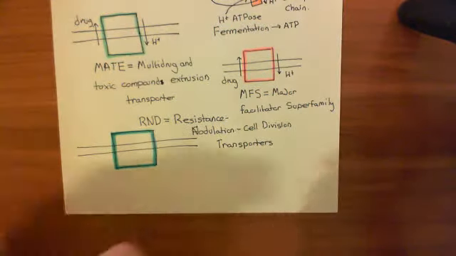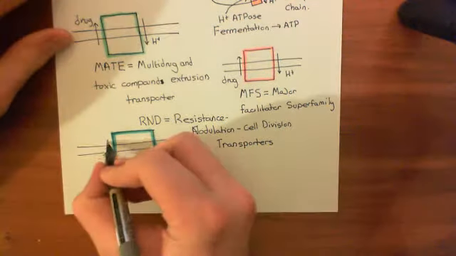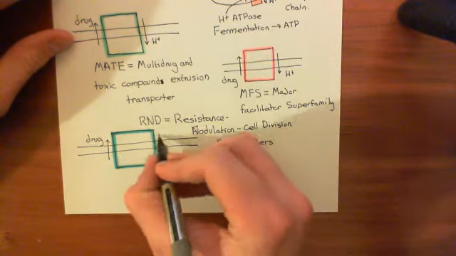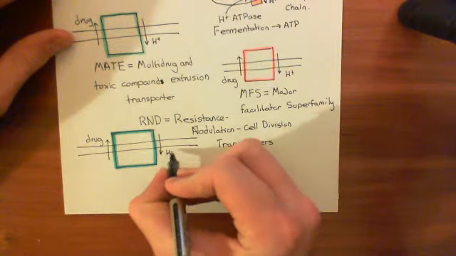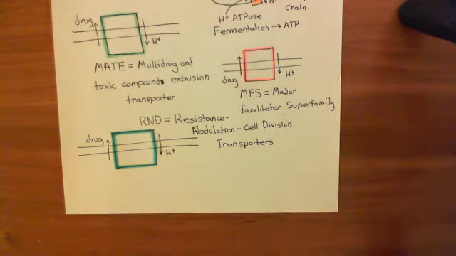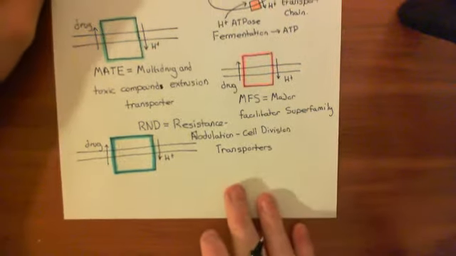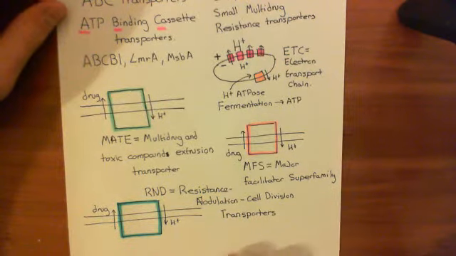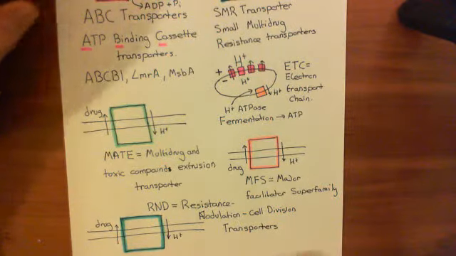It will couple the movement of the drug out of the cytoplasm of the cell to the movement of protons in from the extracellular space down their electrochemical gradient, which has either been set up by the electron transport chain proteins or by the proton ATPase if that bacterium happens to get its energy from fermentation sources. Okay, so these are the five major families of drug transporters that are made use of by bacterial cells.